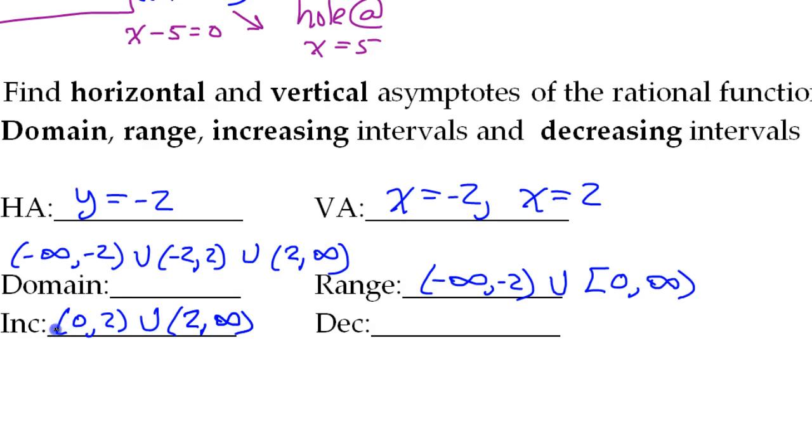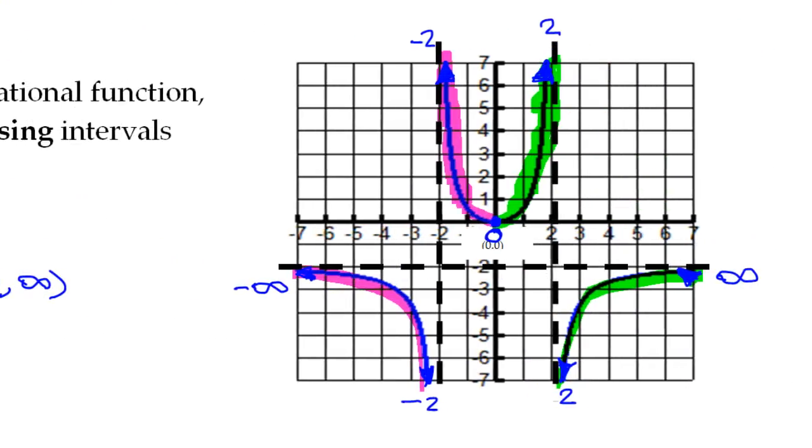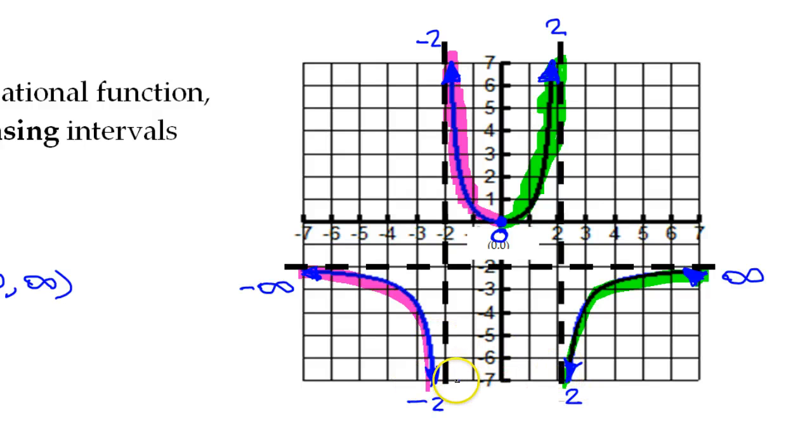Notice that increasing and decreasing intervals are always round parentheses. We have all these asymptotes which cannot ever be reached, but even the 0 is going to be round because it's decreasing up to 0, it's increasing after 0. Right at 0 is neither.